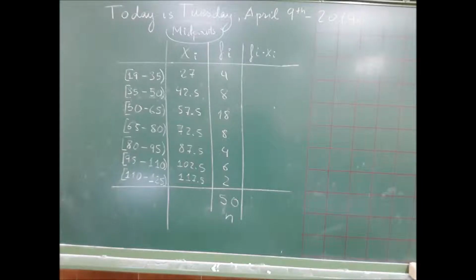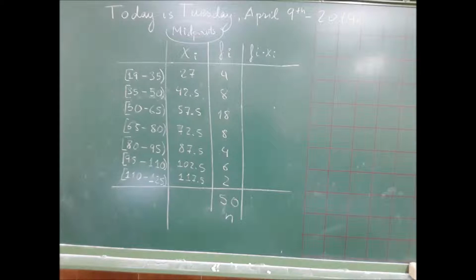And these are the frequencies for each of the intervals. Remember that we have included for each interval the first number but not the last. That is, for the first interval we have included 19 but not 35. In the second we have included 35 but not 50. And the third we have included 50 but not 65, and so on.